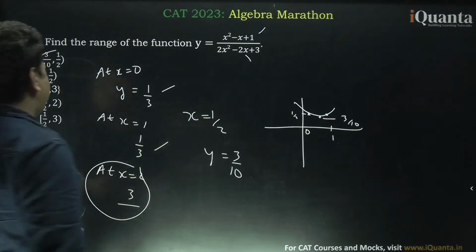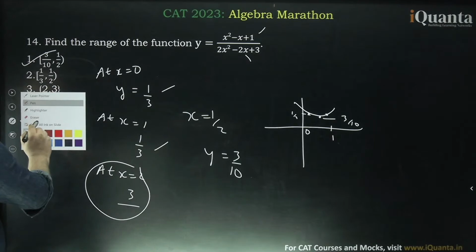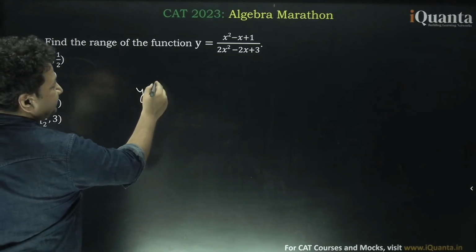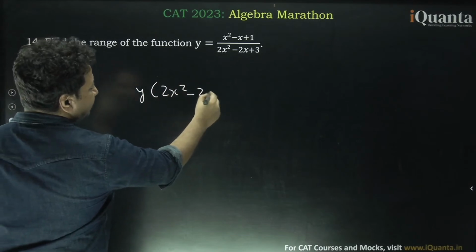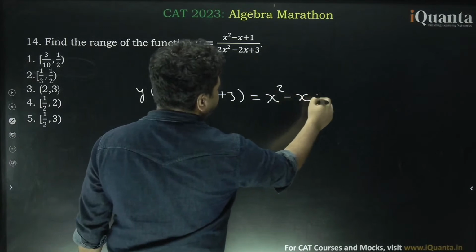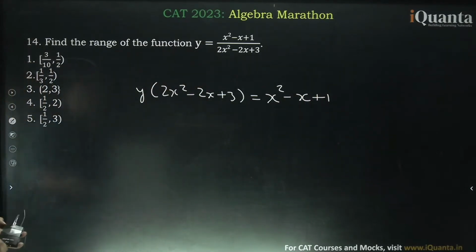Let us try to do this by cross multiplication, okay? So we can write it as y times 2x squared minus 2x plus 3. This will be equal to x squared minus x plus 1. All right.